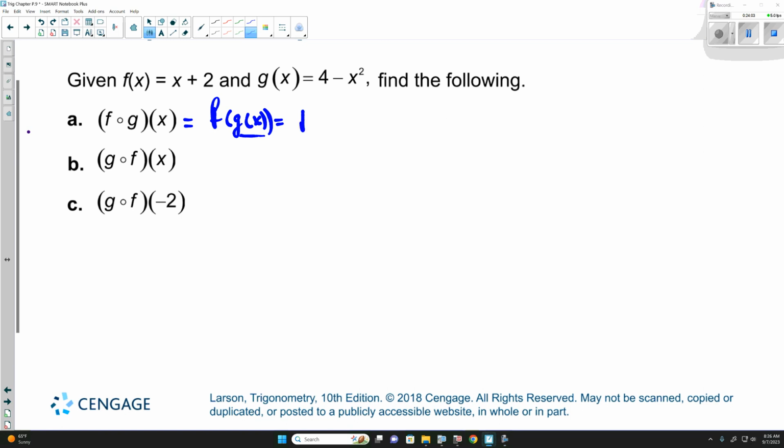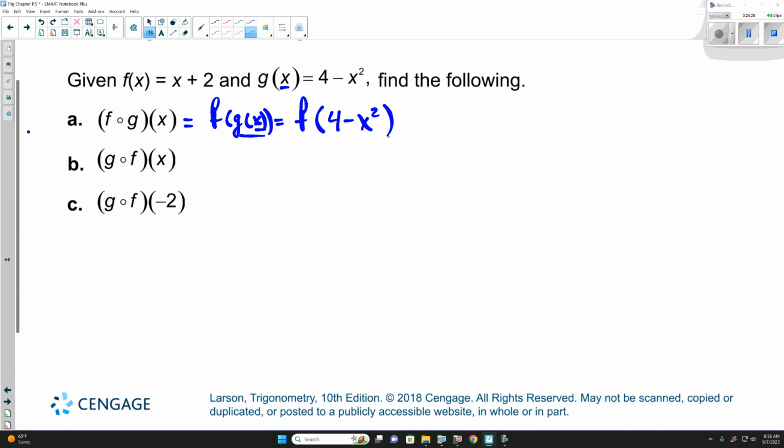I don't necessarily like starting off with g of x, and not so much the g part, but the x, because it doesn't seem like we're doing a whole lot, because what we're doing is plugging x into g of x. Well, it's already x, so it just means that we now have f of 4 minus x squared.